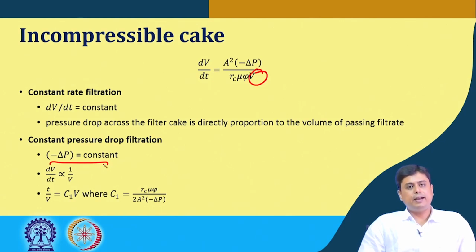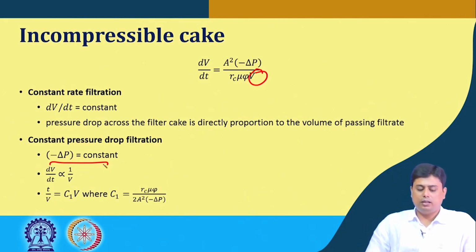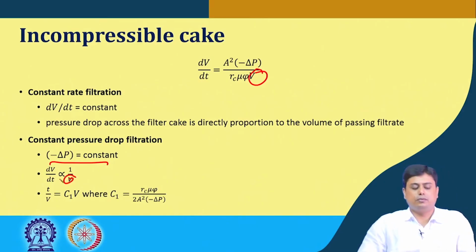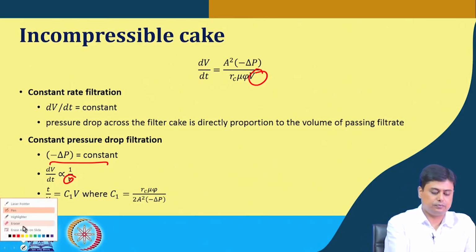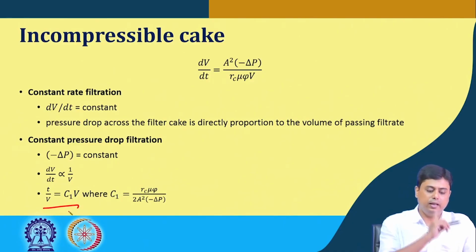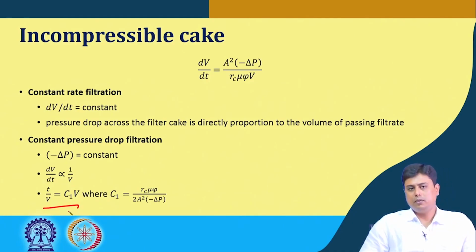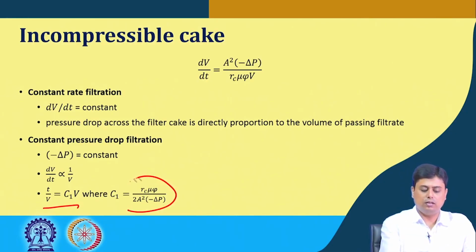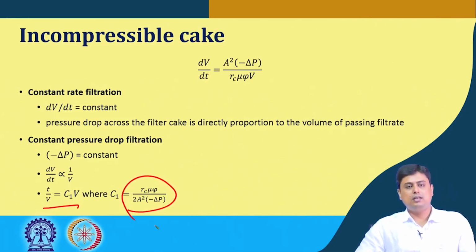And this dV/dt is inversely proportional to the volume of the filtrate V. If we integrate this, we get an expression t/V = C1 V, where C1 is this expression Rc mu phi divided by 2A squared multiplied by del P.